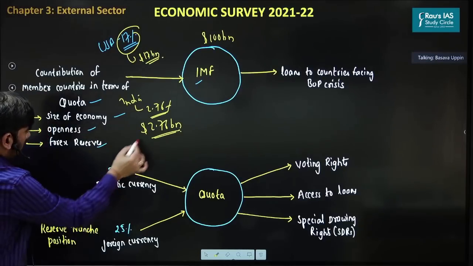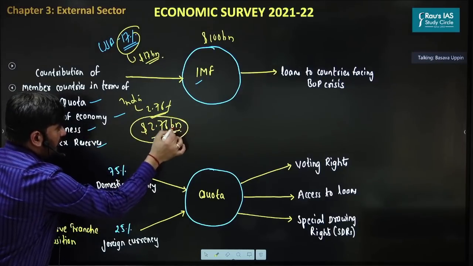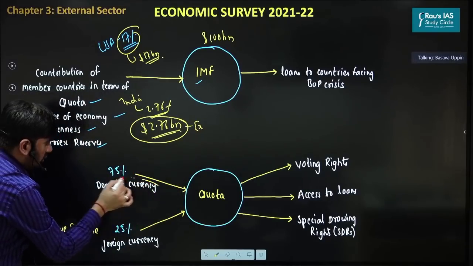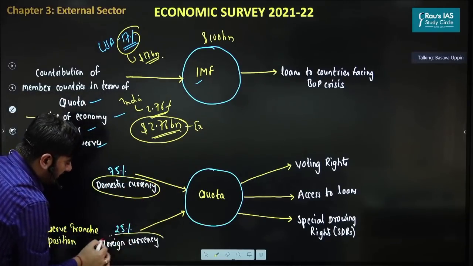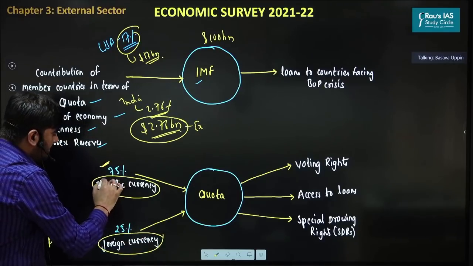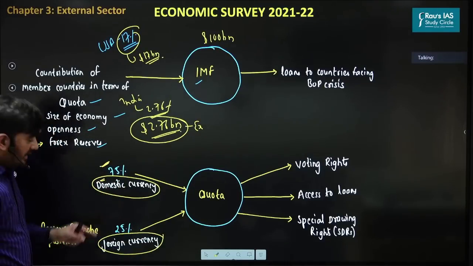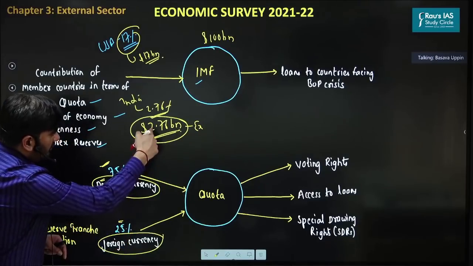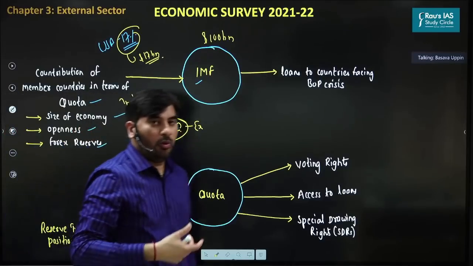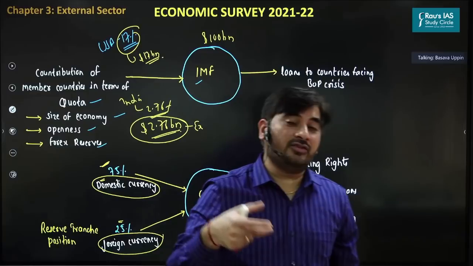And this quota has to be paid in domestic currency and foreign currency. Please remember here, 75% is in domestic currency. The remaining 25% of our quota can be paid in foreign currency, such as dollar, euro, pound, yen, yuan, and so on.